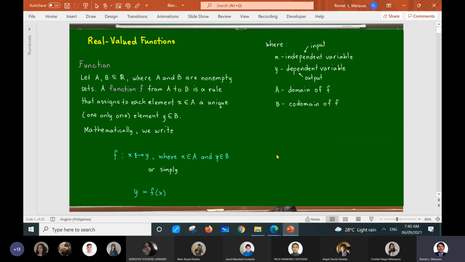Okay, guys? Those elements in the codomain picked by the independent variable values form what we call the range of f.